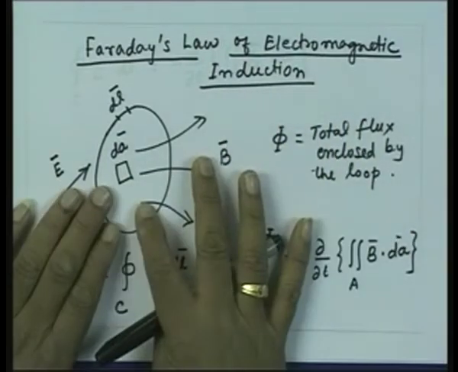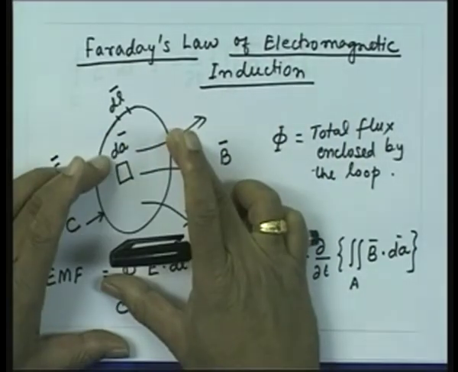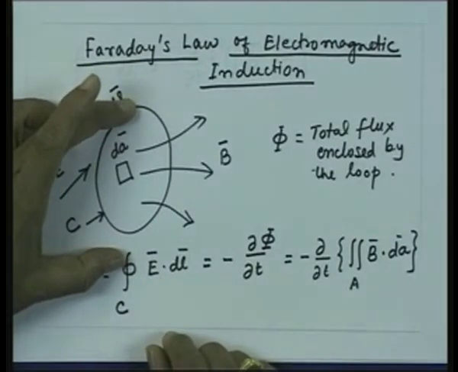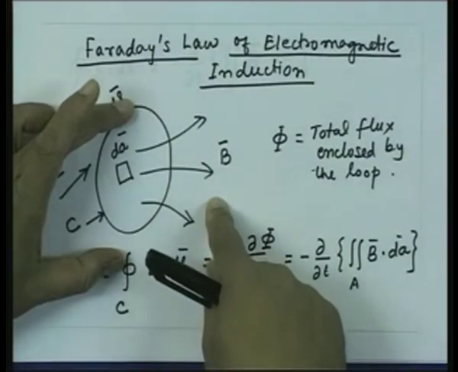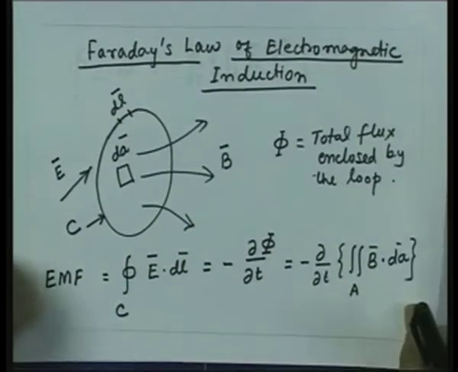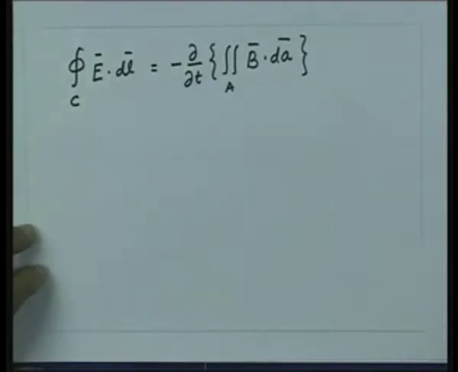So, we assume here that the space is not changing, that means the size of the loop is not changing, the magnetic flux density is changing, and as a result we say that the area of the loop is not a function of time.